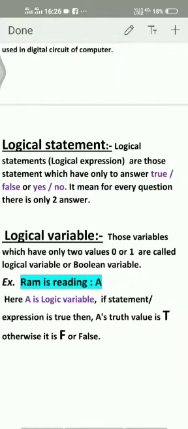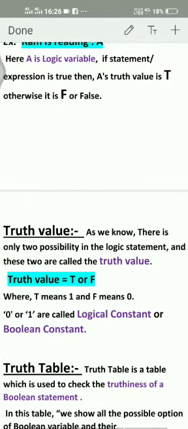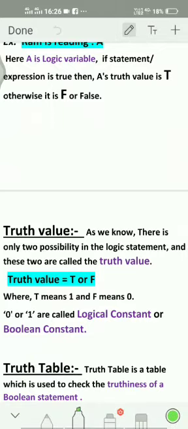Okay, now we are going to know logical constants and truth value. I told you about logical variable. Now we are going to know what is a logical constant. The value of a logical variable is known as a logical constant. Like x is equal to 20. Here x is the variable and 20 is the constant.